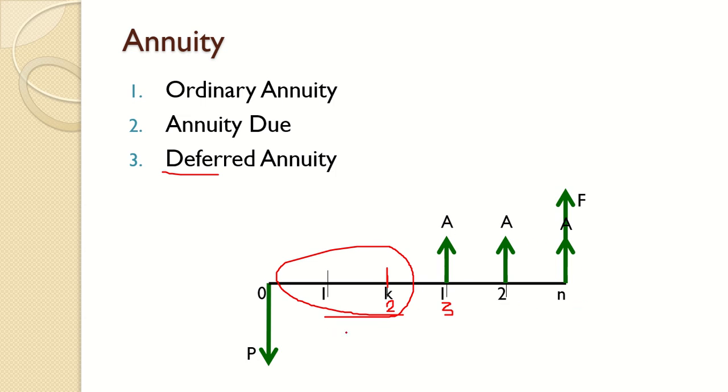For example, this is 1, 2, 3, 4, and 5, which means your N is equal to 5 and K is equal to 2. We will use this later. Just take note of the concept that in deferred annuity, there are certain periods with no payment. And after that certain period, which is K, you start paying.